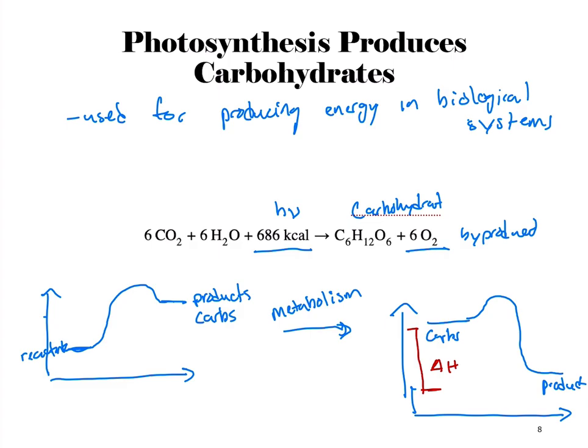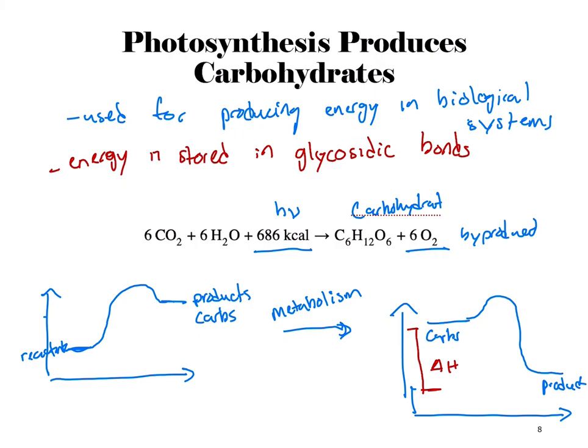And a lot of times, this energy is stored in what we call glycosidic bonds. So these are bonds that hold different carbohydrates together in the ring structure, and we use these glycosidic bonds to store energy. And so when we have bread, for example, we have a polymer of carbohydrates.